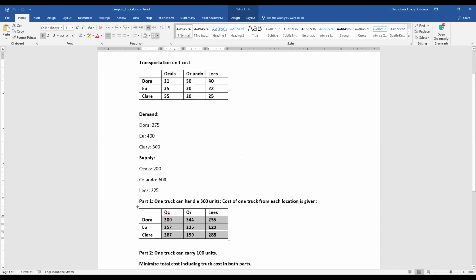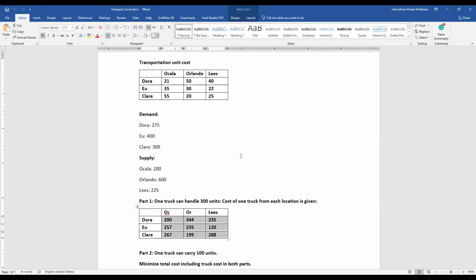We want to say how many trucks from a specific supplier should go to a specific customer.